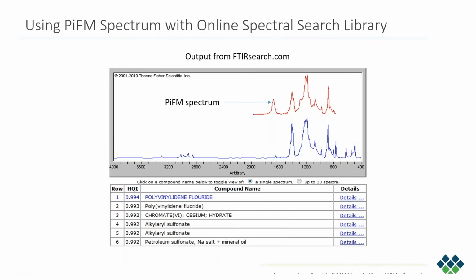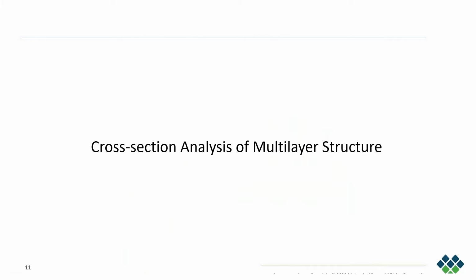Then we fed that into an online FTIR library, and the very first match, with the highest quality index, is indeed the same material. So you can use PIFM spectra to do defect analysis.